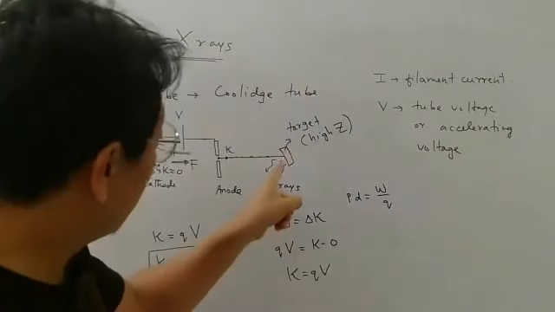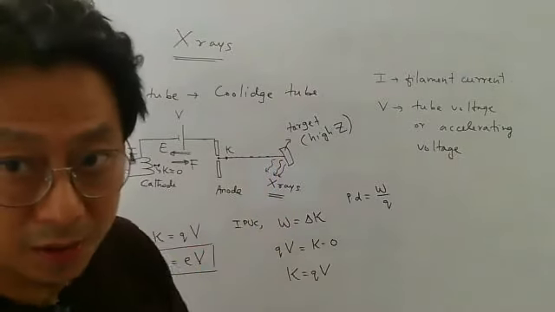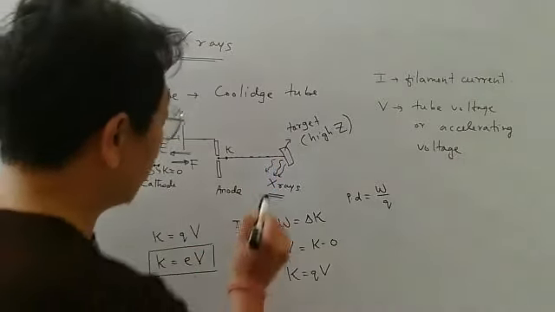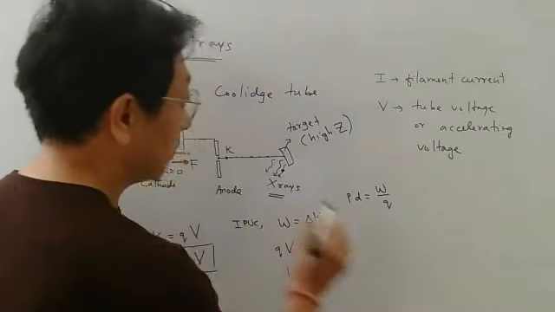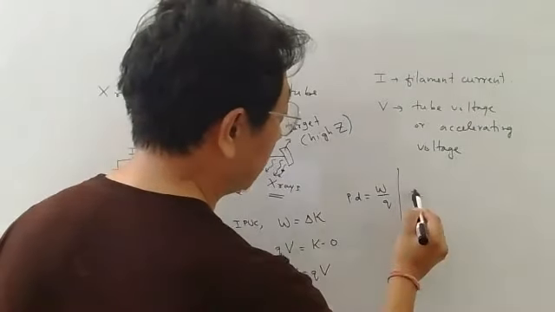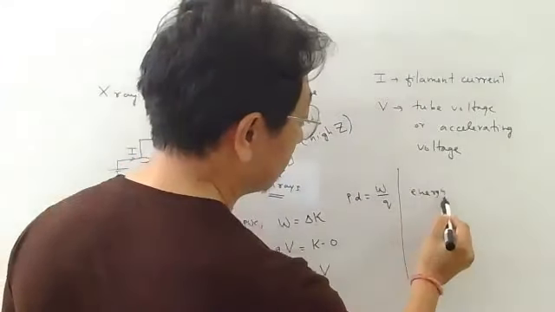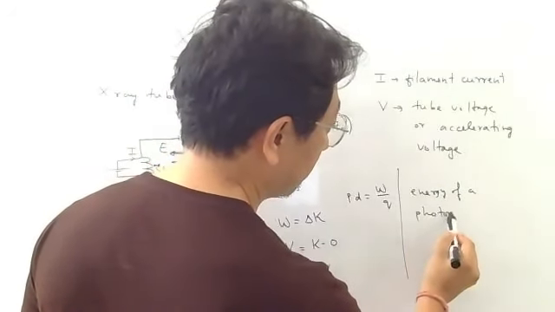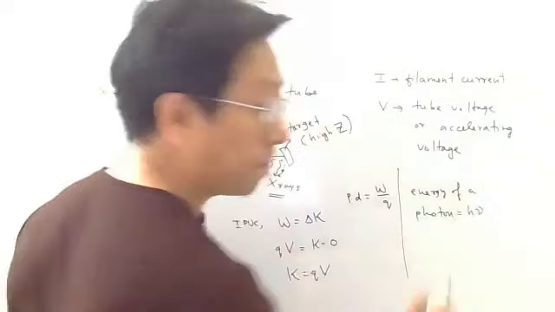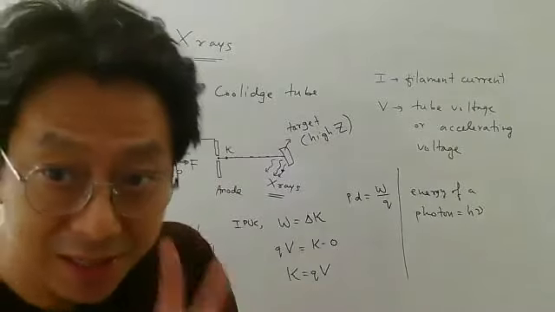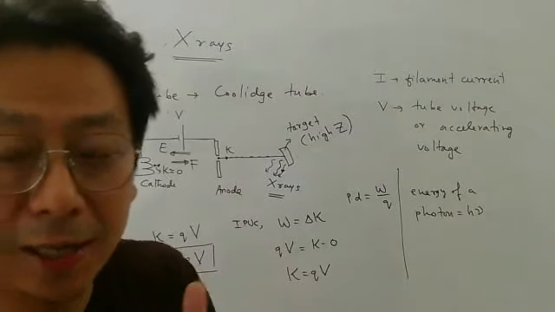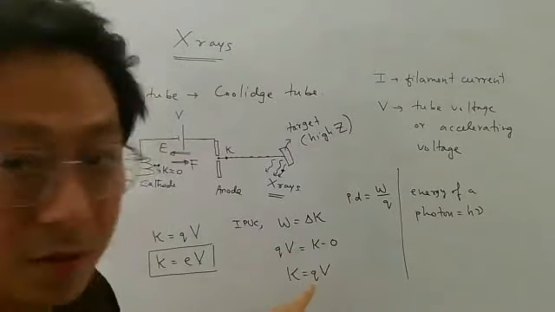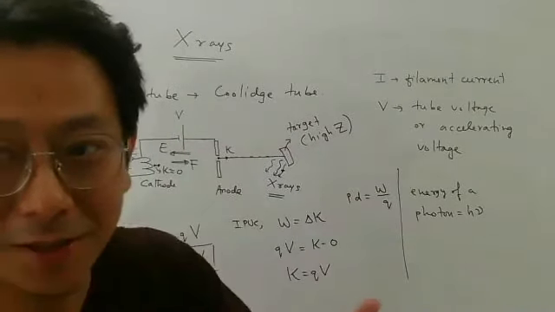Now, these X-rays which are emitted, the energy of each photon, how do you write? h nu, h nu. Now, maximum, how much kinetic energy can the electron lose? This much only, because this much it has while coming out.